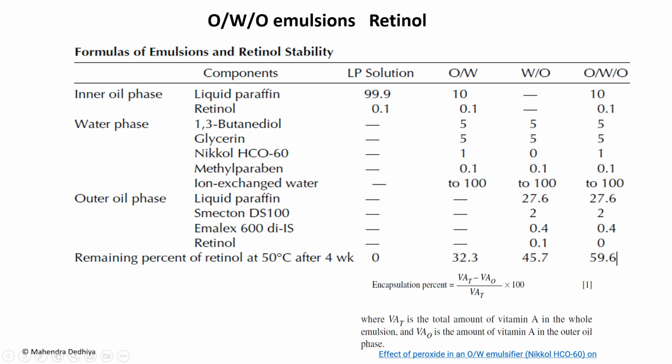The outer oil phase is again liquid paraffin and surfactant, and the drug itself is not used. The outer oil phase is liquid paraffin and an emulsifier. And this oil, water, and oil emulsion does not contain any drug.